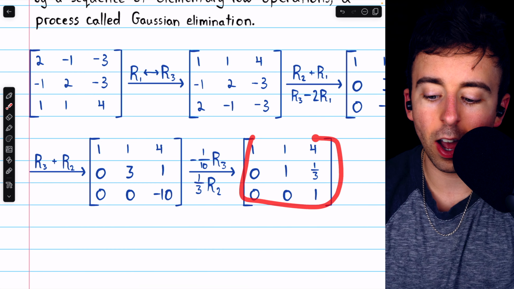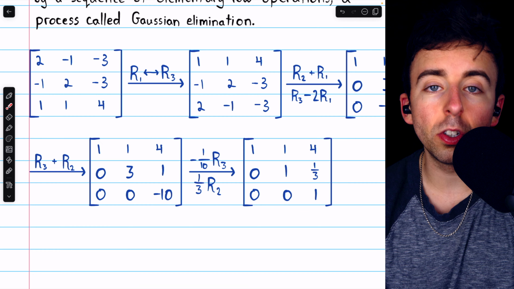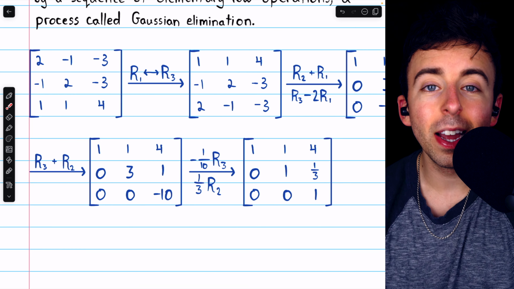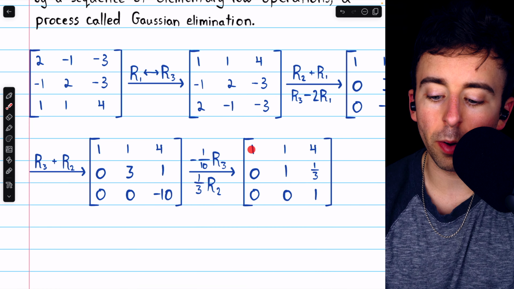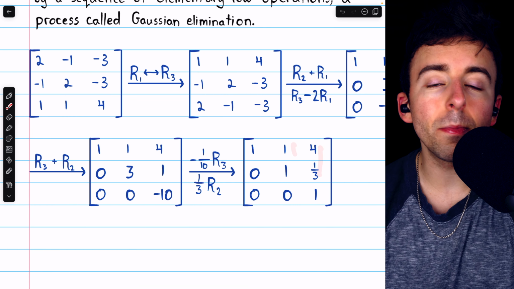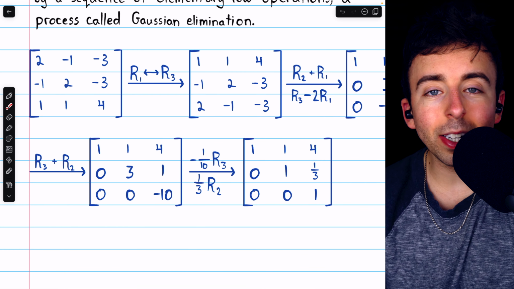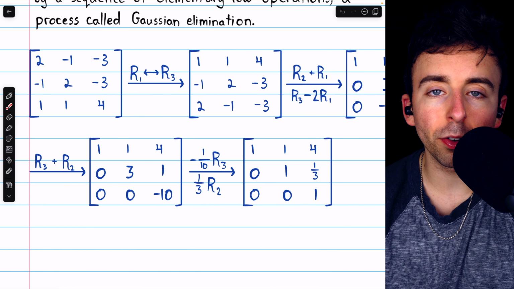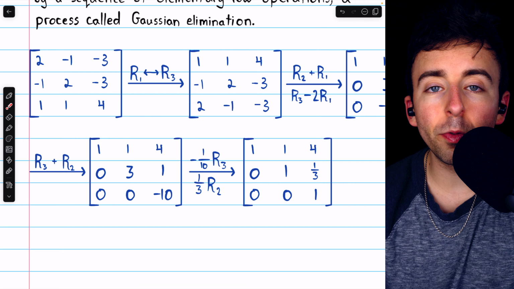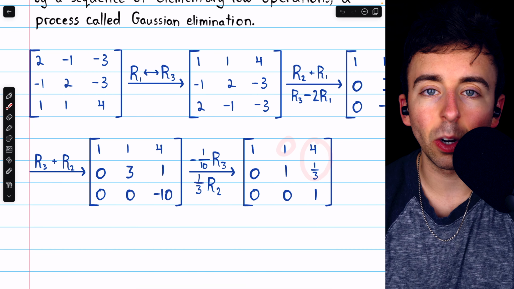So we would stop here. There is another form we could put it in called reduced row echelon form. In reduced row echelon form, each leading 1 has zeros not only below it, but also above it. So if we wanted to get this into reduced row echelon form, we could perform a few more row operations to get zeros above the leading ones.